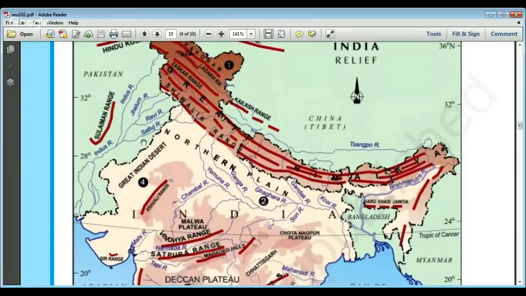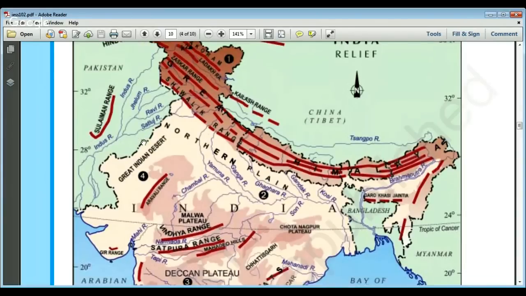IJCRBS: I for Indus, the northernmost, then J for Jhelum in the south of the Indus, then C for Chenab, which is south of the Jhelum. Then R means Ravi, which is south of the Chenab. Then B means Beas, which is south of the Ravi, and then S is the southernmost.